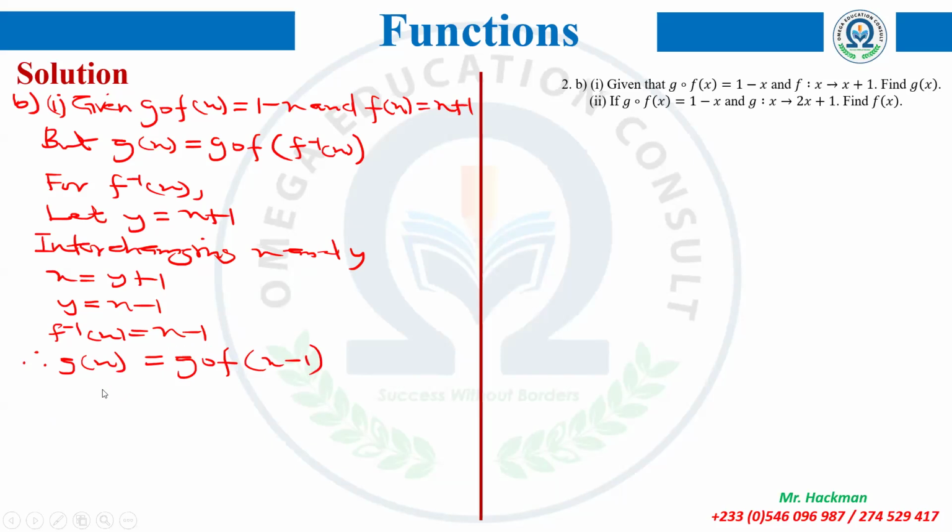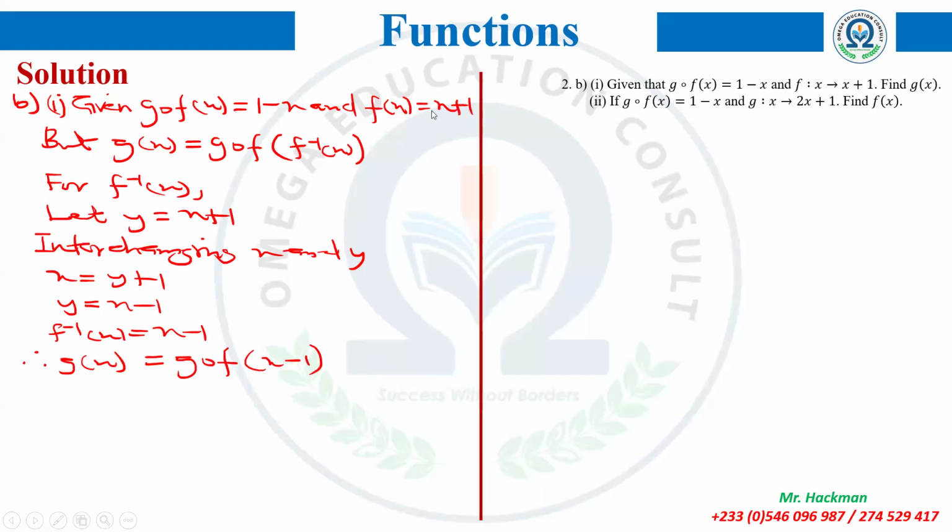If it's the other way around, you change the sign between the terms, then you divide by the coefficient. In any case, I was just teaching you how you can look at the function and state its inverse. I said anytime you are looking for a linear function and you realize that the coefficient of x is 1, its inverse will always be, change the sign between the terms, so x minus 1.